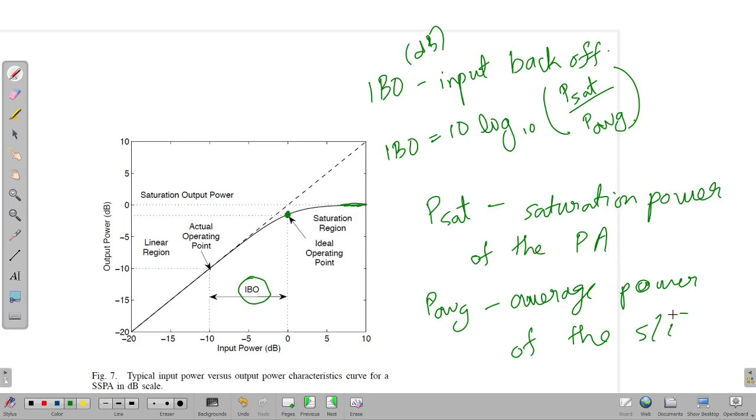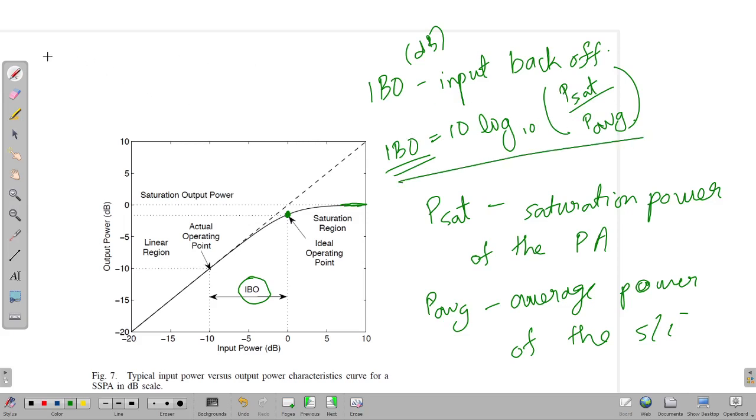So what we want is for the power amplifier to work in this linear region. And what is the significance of this quantity IBO? The ratio between the saturation power of the power amplifier and the average power of the signal is expressed by this quantity IBO.